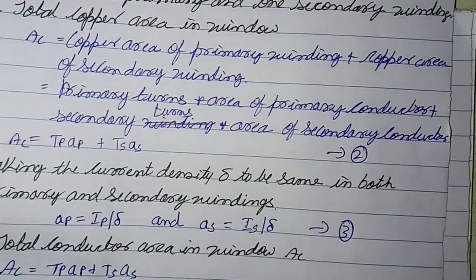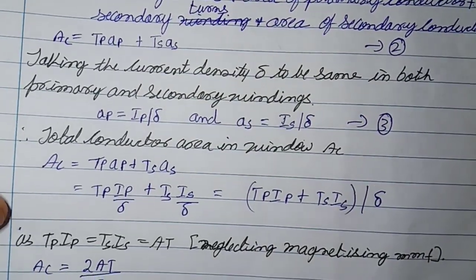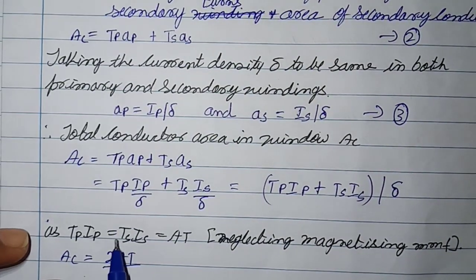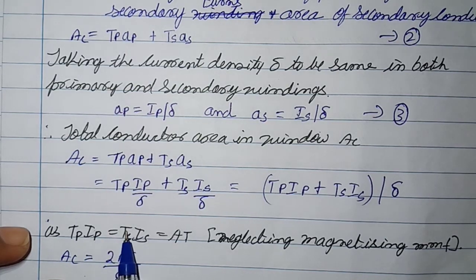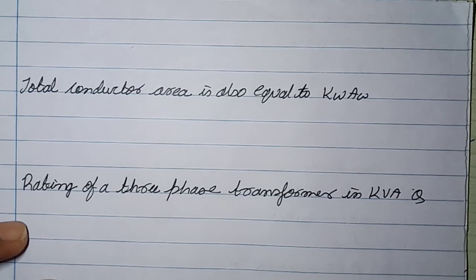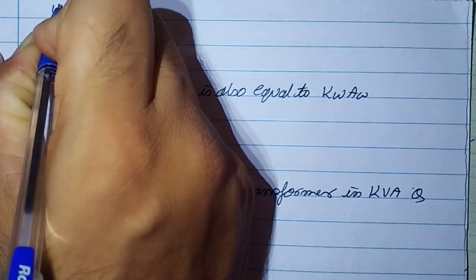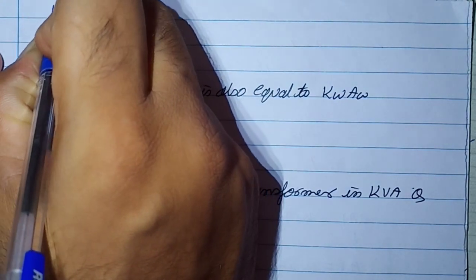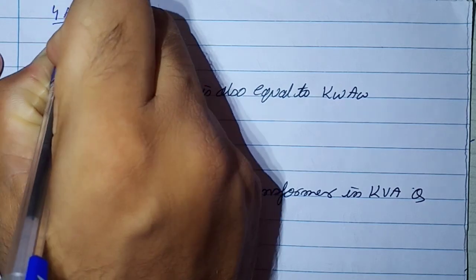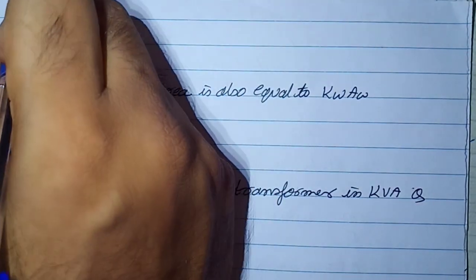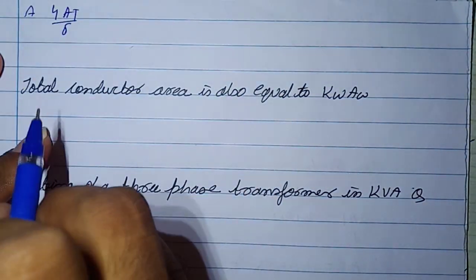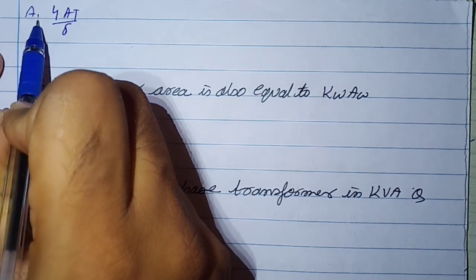As per the earlier derivation, TPIP is equal to TSIS is equal to AT, which we substitute here. So we get 4 times AT by delta. This is nothing but AC.